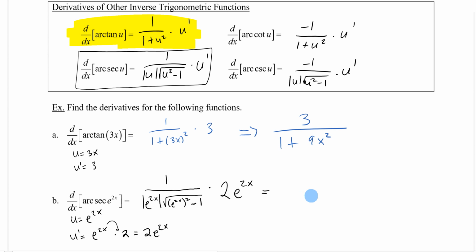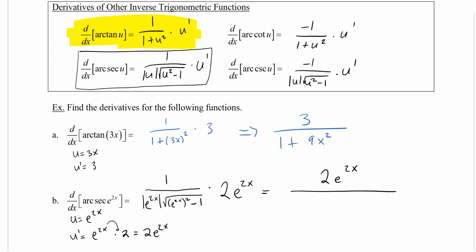Let me rewrite this. 2e to the 2x, if I multiply the 2e to the 2x times 1, it's just 2e to the 2x. Now, the absolute value of e to the 2x, well, e to the 2x is never negative to begin with, so I don't need to write the absolute value.